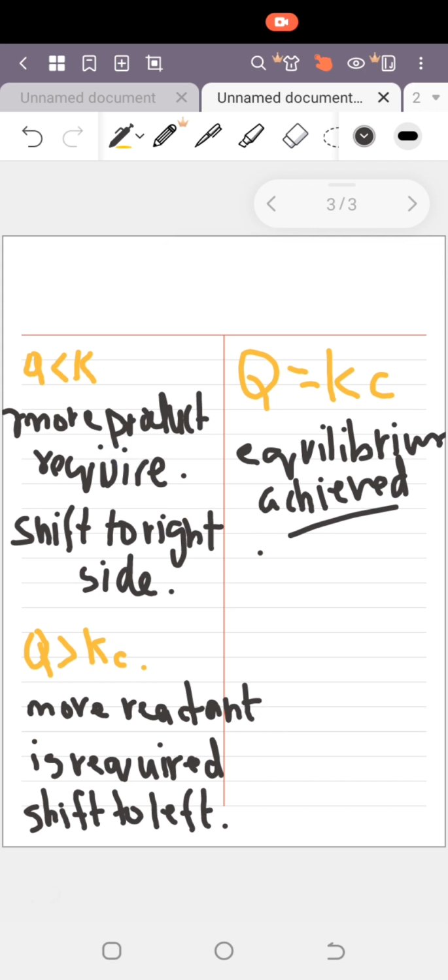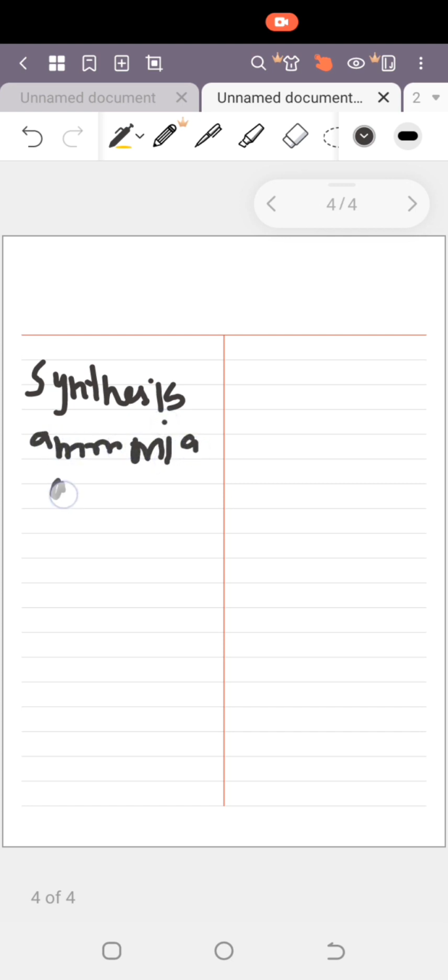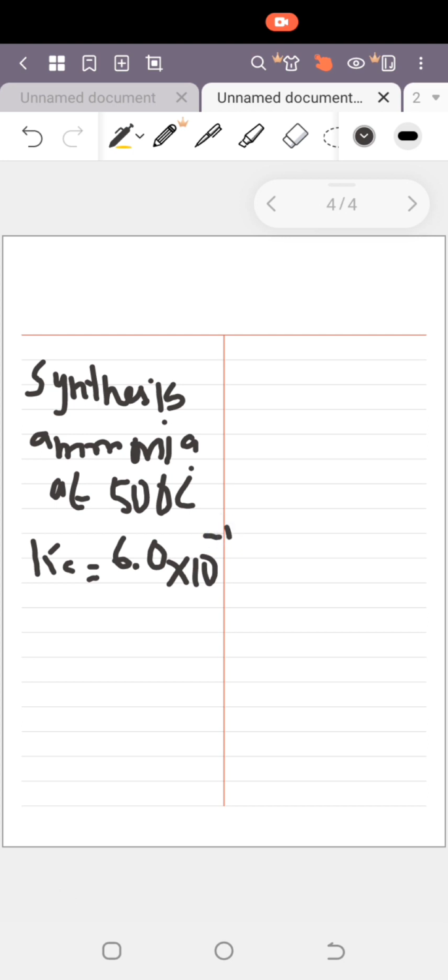Now let's solve some questions regarding this direction of reaction. Our first question is: for synthesizing ammonia at 500 Celsius, where Kc is given as 6.0 into 10 raised to power minus 3.